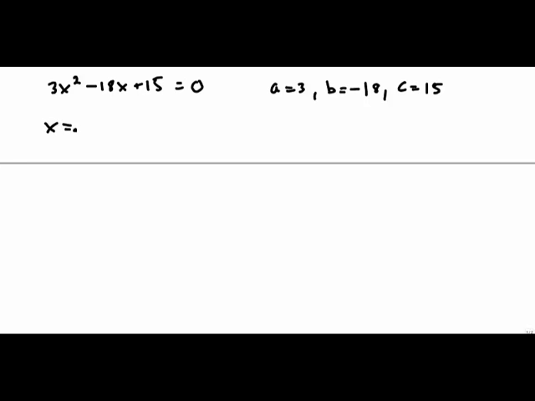Okay, x is equal to minus b, which is minus minus 18, which is 18, plus minus the square root of b squared, which is minus 18 squared, minus 4 times a, which is 3, times c, which is 15.